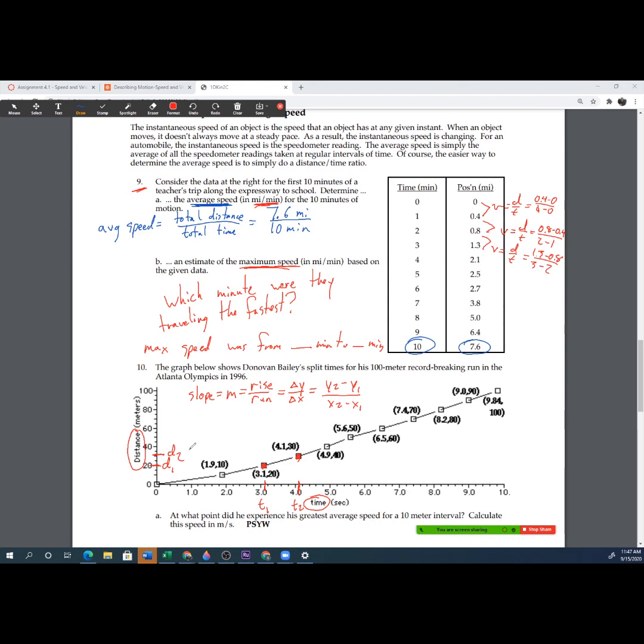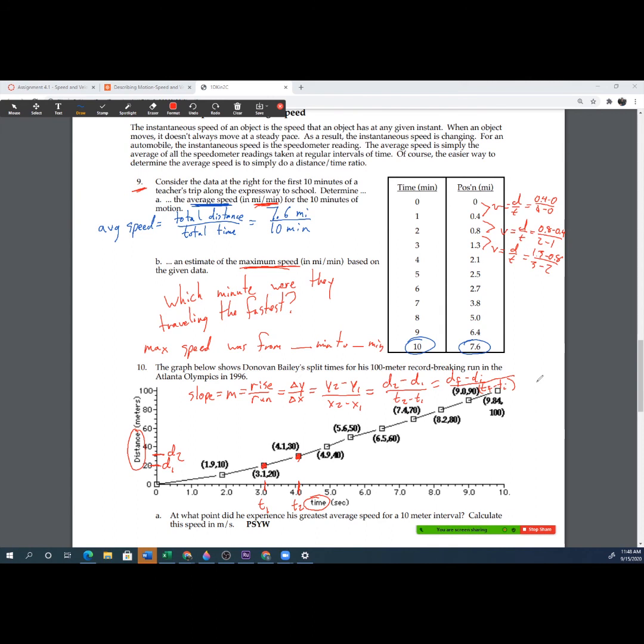Since distance is the thing that's on the y-axis, time is the thing on the x-axis. So I'm going to update my slope equation to reflect that. And, in fact, I could also talk about it in terms of final minus initial, which I know kind of got sloppy there at the end.